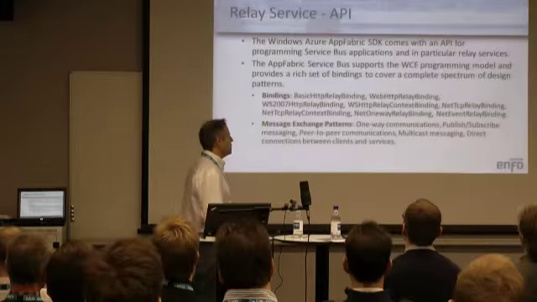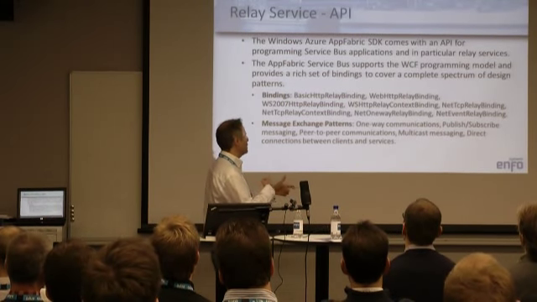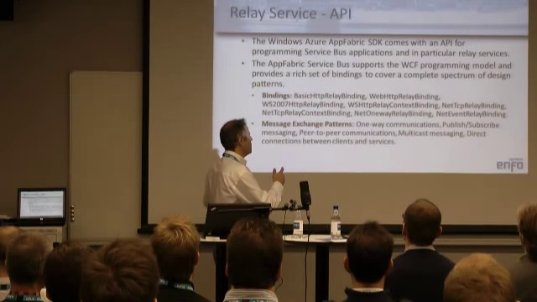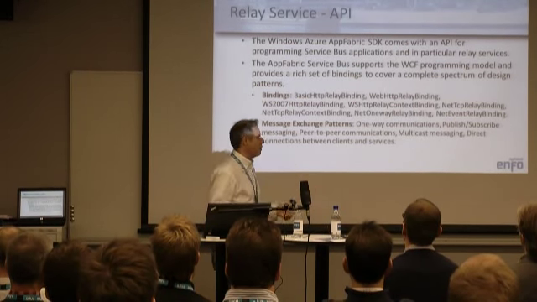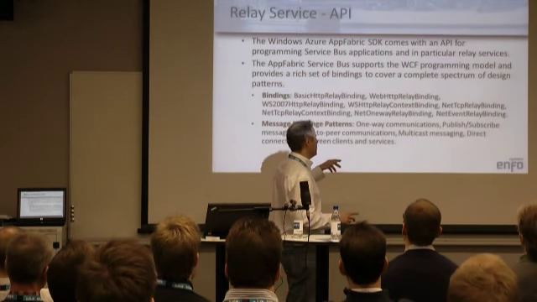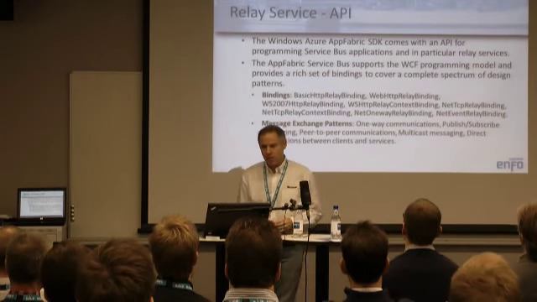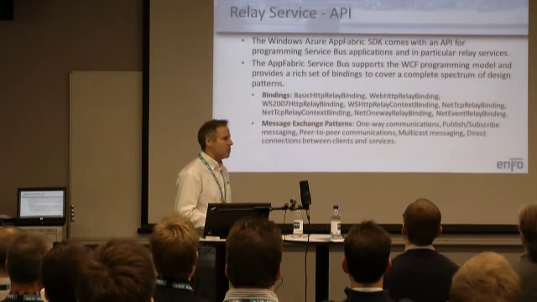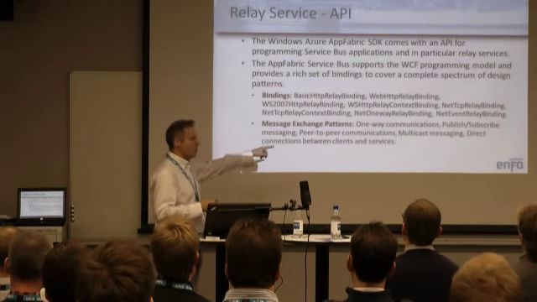Basically, there is a counterpart for each of the existing bindings. For example, for the BasicHttpBinding, there is a BasicHttpRelayBinding, and so forth, plus two additional bindings, the NetOnewayRelayBinding and the NetEventRelayBinding, that allow you to establish and implement one-way communications.